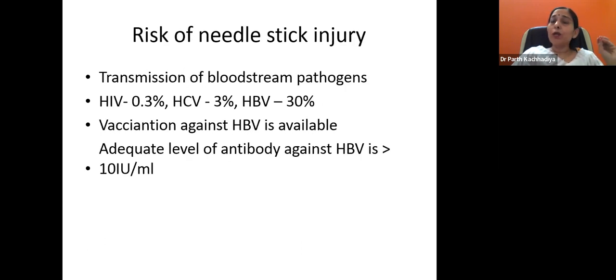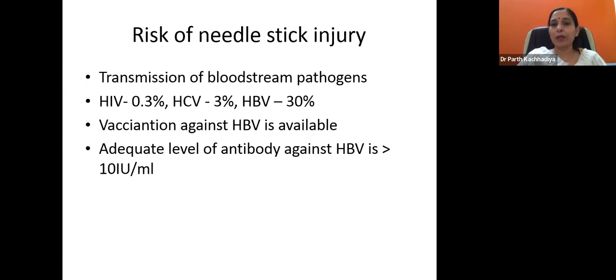What are the risks of needle stick injury? Why are we concerned? The reason is there is transmission of bloodstream pathogens through the needle stick injury, and the most common viral infections we get from the blood are HIV, HCV, and HBV. As everyone knows, HIV and HBV do have treatment.